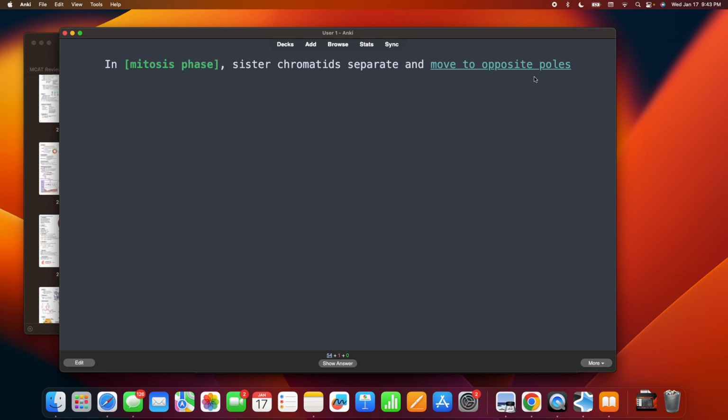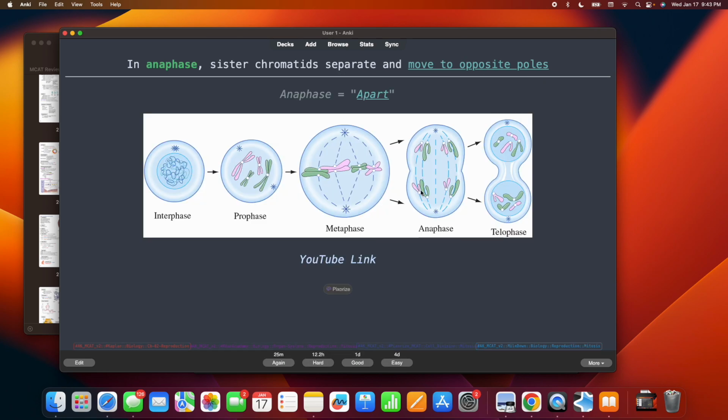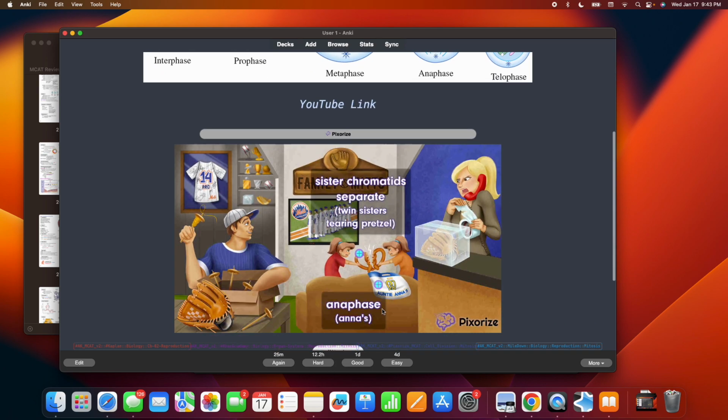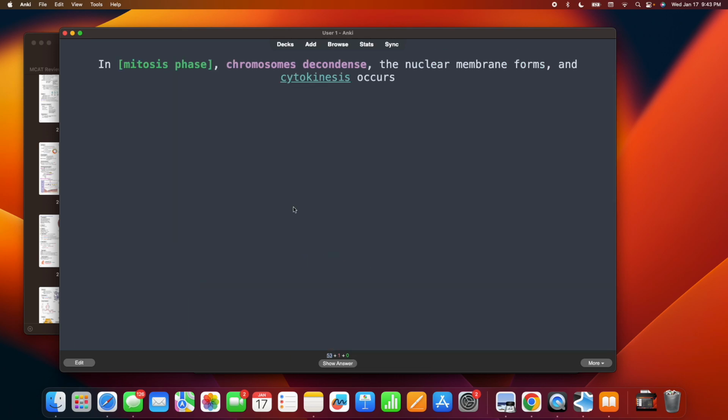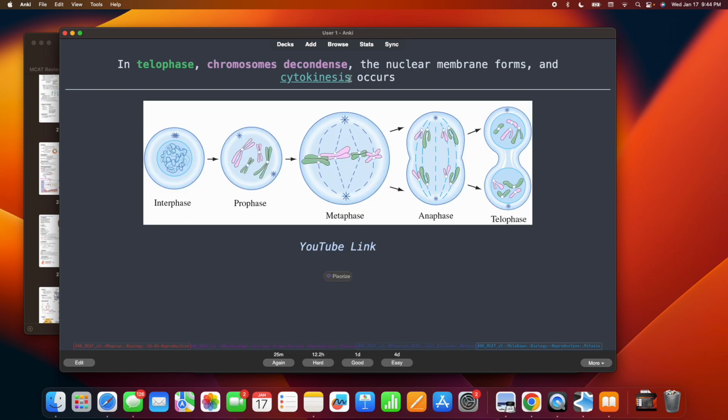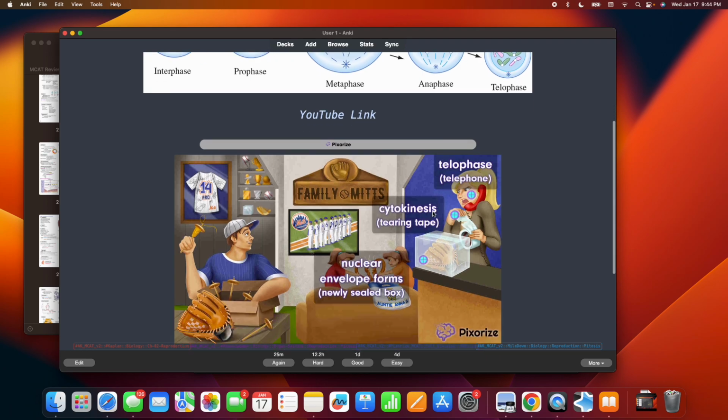Anaphase, for separation and movement to the opposite poles. In what phase do chromosomes decondense, the nuclear membrane form and cytokinesis occur? Telophase. Keep in mind that the nuclear membrane forms in telophase.